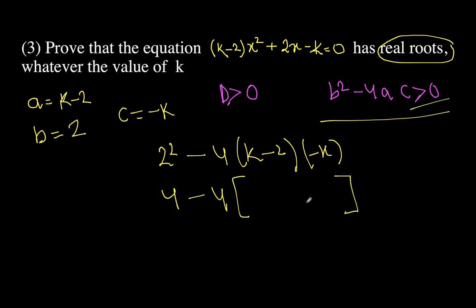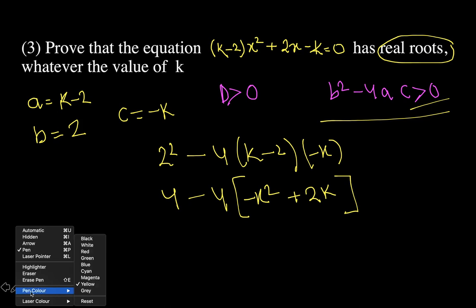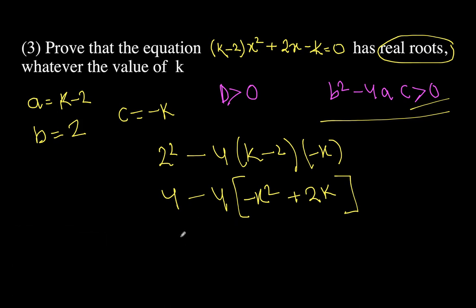So if you solve this, you will get minus k square. Okay, and here you will get plus 2k. Okay, so now let's multiply everything by minus 4. So here you will get 4 plus 4k square minus 8k.